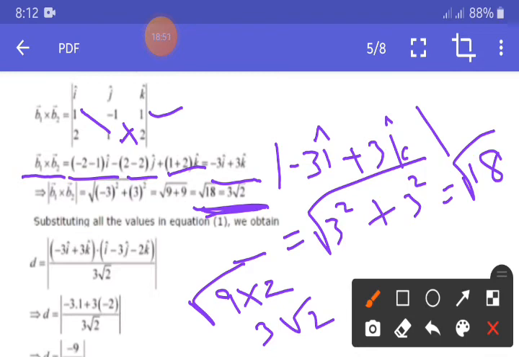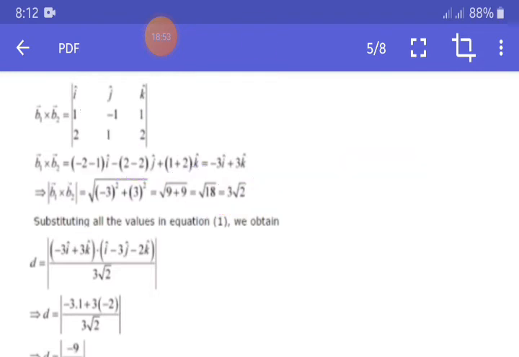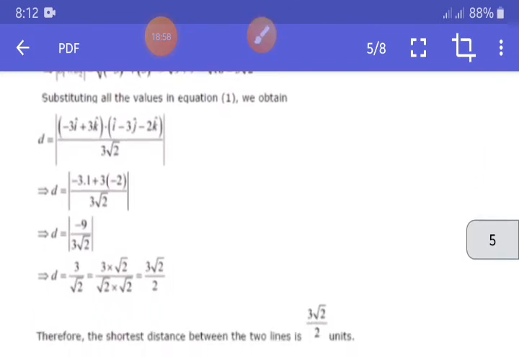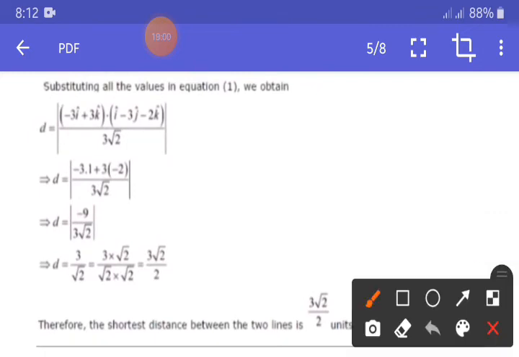Substituting all the values in equation 1, we obtain D equal to minus 3i cap plus 3k cap dot i cap minus 3j cap minus 2k cap, divided by the modulus 3 square root of 2.